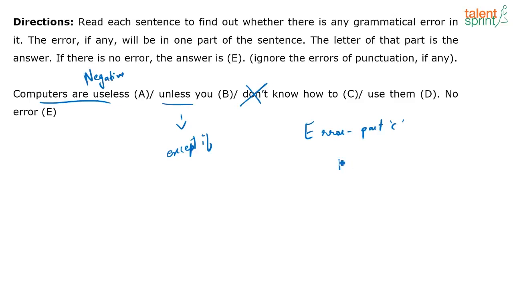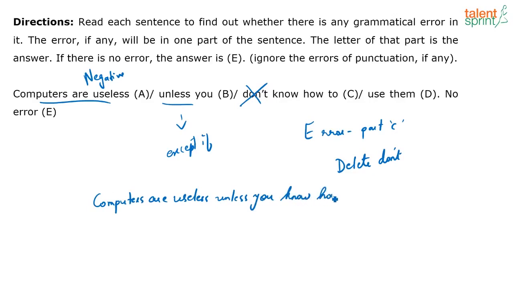So the error is in part C. As soon as we delete don't, then the entire context makes sense. So now I say computers are useless unless, except if you know how to use them, right? This is our correct phrase completing the meaning.